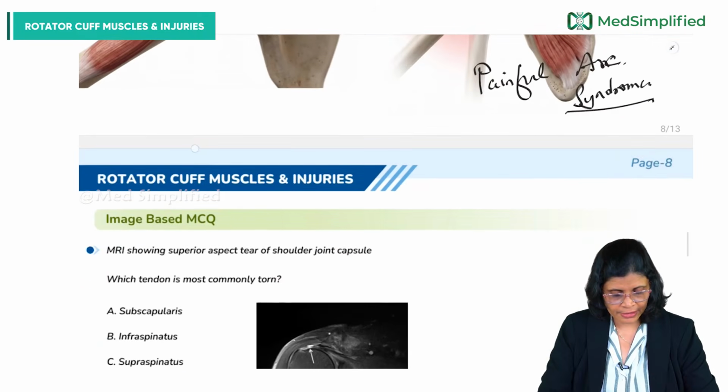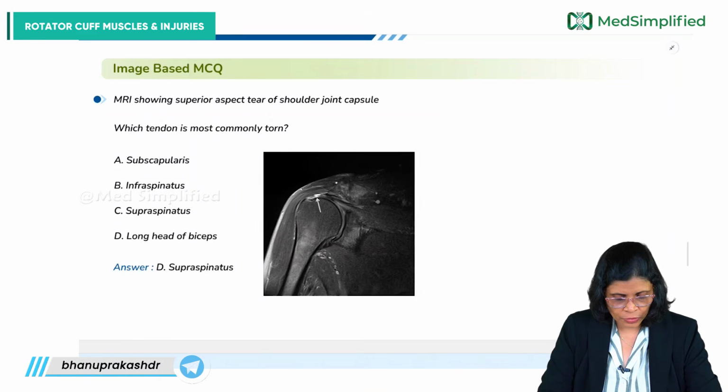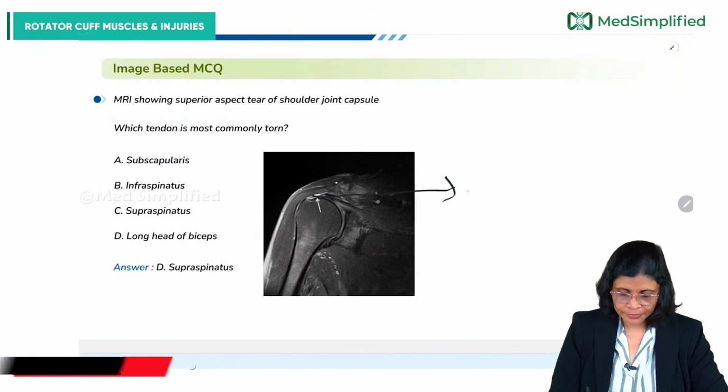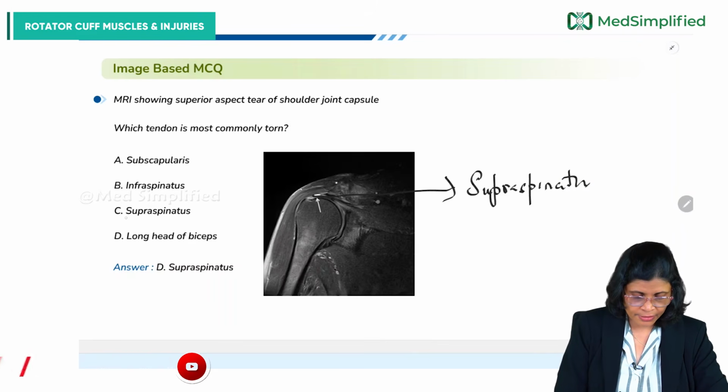Now let's see some of the MCQs. Here the MRI shows a superior aspect tear of the shoulder joint capsule. Which tendon is most commonly torn? On the superior aspect, which tendon do we see? Here it is the supraspinatus. So safely you can choose the C choice.